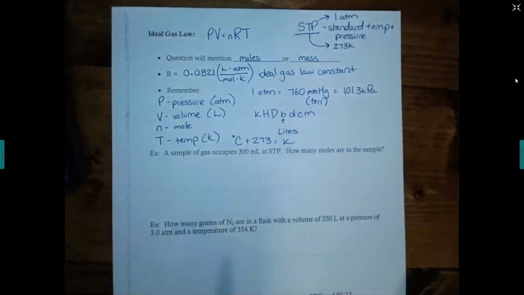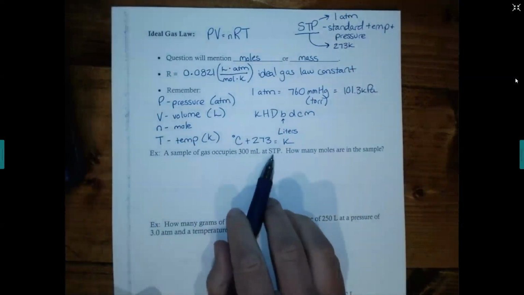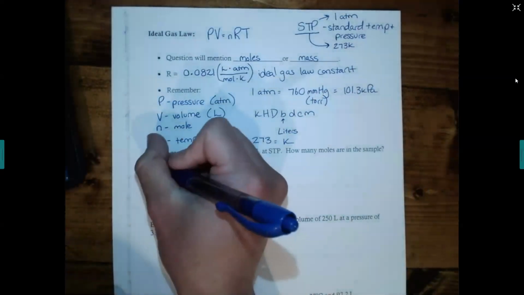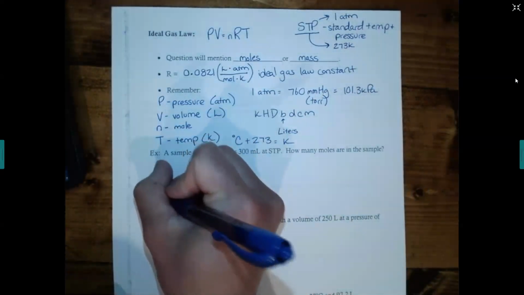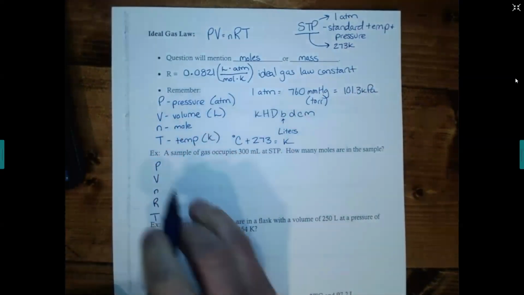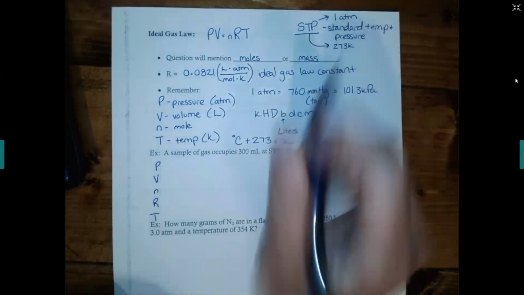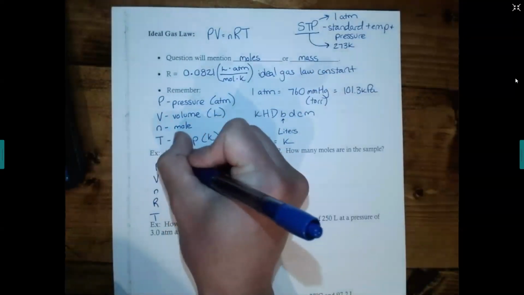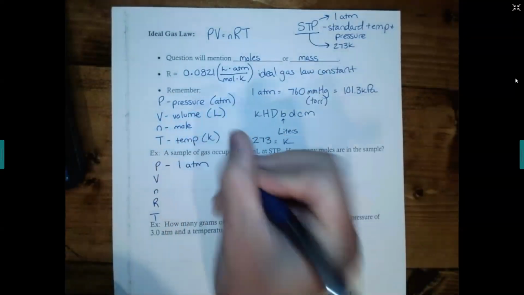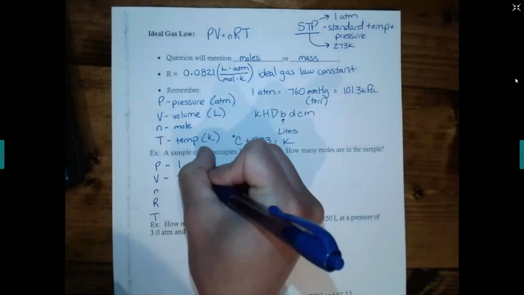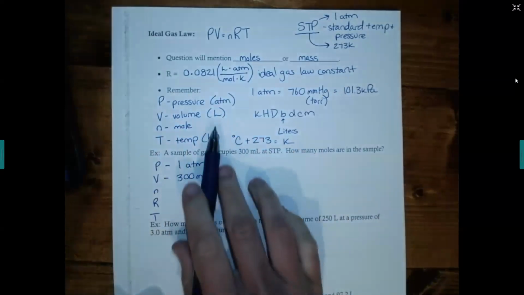All right, so let's jump right in and do a problem together. A sample of gas occupies 300 milliliters at STP. How many moles are in the sample? I'm going to list out all of my variables. My pressure is standard pressure, which is 1 atmosphere. My volume is 300 milliliters, but remember that needs to be in liters.